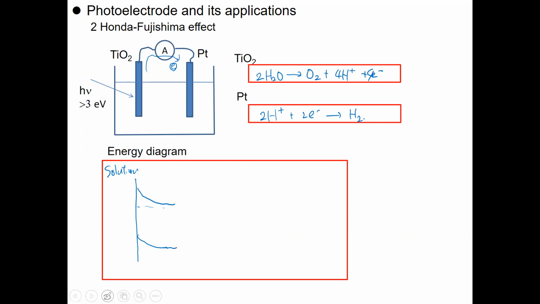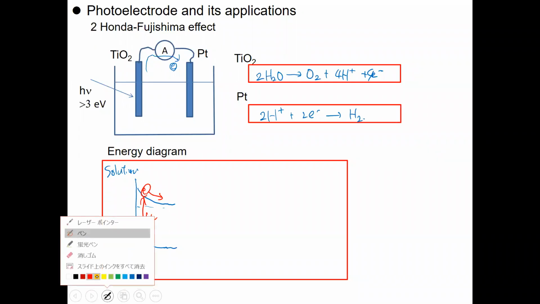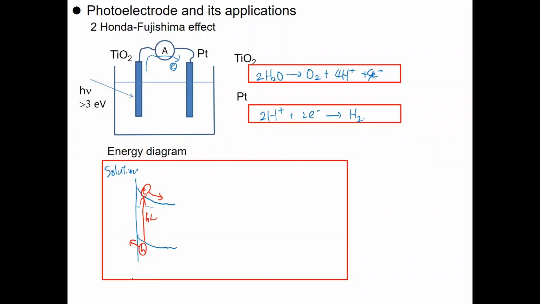And when the light is illuminated, holes and electrons are excited, and the electron is coming this way. And this hole is used for oxygen generation, H2O to O2.